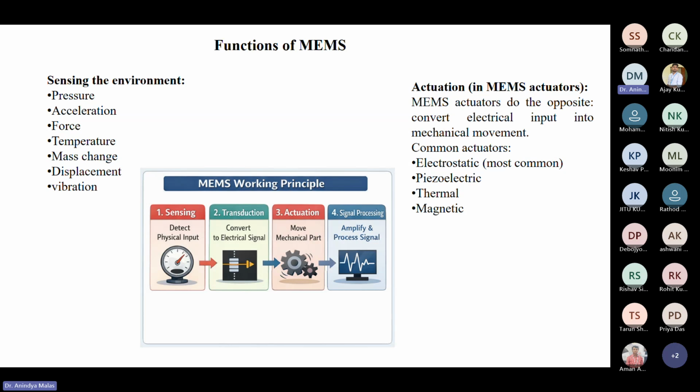The advantage is that it is a miniature device. You can place it in any component, whether a small electronic circuit, an experimental device, or a vehicle, because it takes less space.